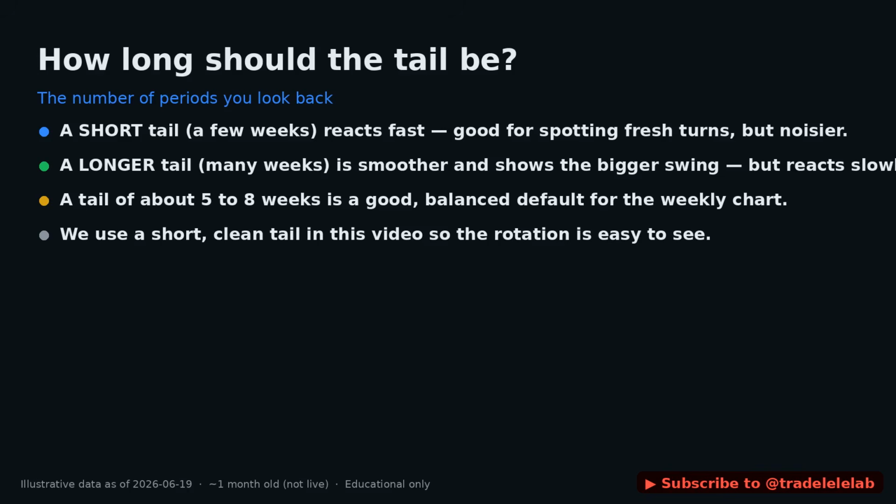It shows you the bigger swing and filters out the noise, but it reacts more slowly, so you see turns a little later. For the weekly chart, a tail of roughly 5 to 8 weeks is a well-balanced default that most people find comfortable. In this video, we are deliberately using a short, clean tail so that the direction of rotation is as easy as possible to see.